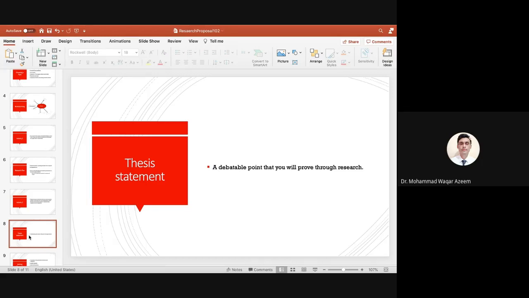Now, this statement clearly tells us what the paper is going to argue, what the paper is going to debate about. This is just an example, okay? So in the rest of the paper, you are just going to follow this one thesis statement, which is that the effects of soft drinks on academic performance are adverse, they are negative.